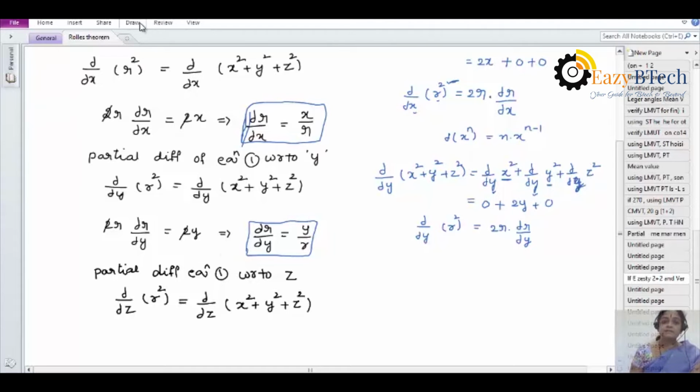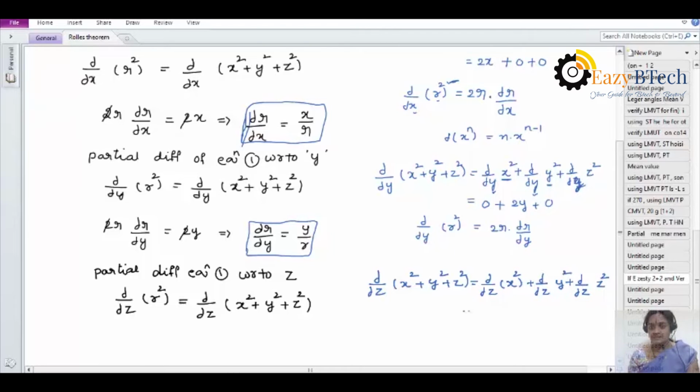Let me explain these partial differentiations: ∂/∂z of x², ∂/∂z of y², and ∂/∂z of z². Coming to the answer.